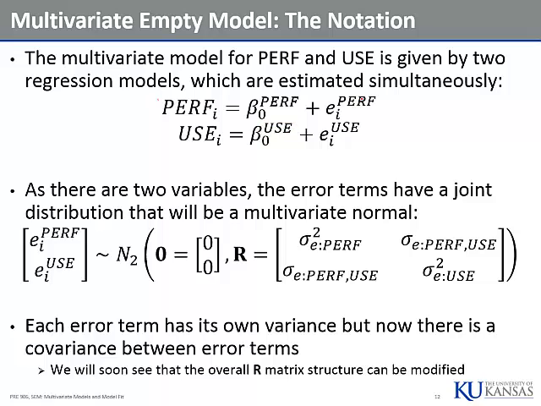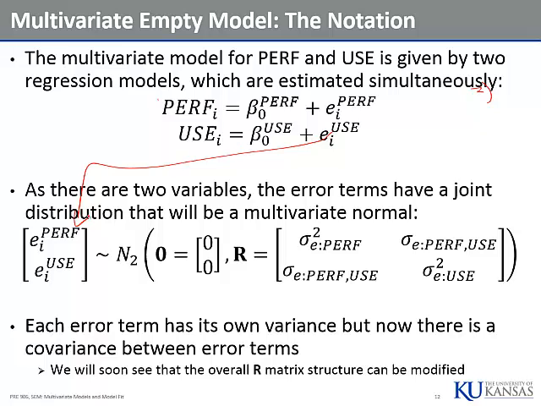Similarly, each one has a residual or error term. Because we have more than one error term, whereas in a univariate model we'd say the error was a normal distribution with some error variance, now we can put both into a little vector. Is that a column or a row vector?